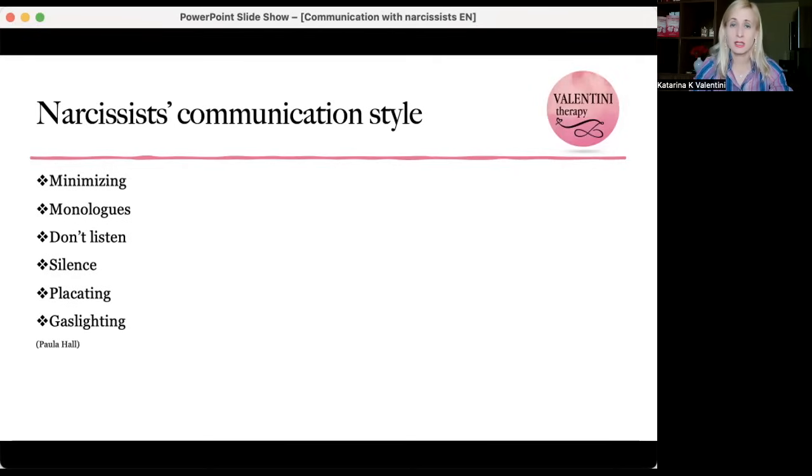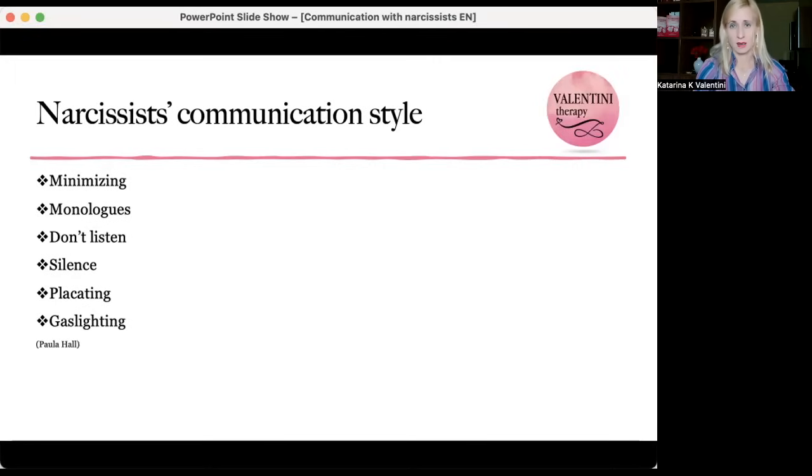Like I said previously, our function in communication with narcissists, especially if they initiate a conversation, is to be there, to listen, to offer positive mirroring, to agree with them, to praise them, how smart they are, to give them right all the time. And they tend to engage in lengthy monologues quite often, especially if we are talking about a subject they are very passionate about.